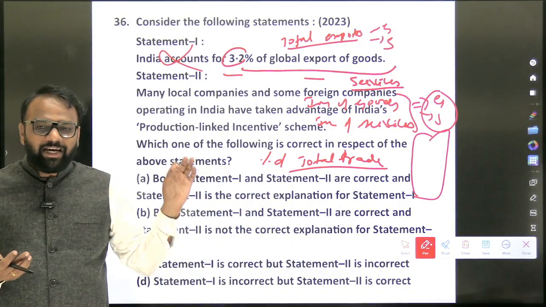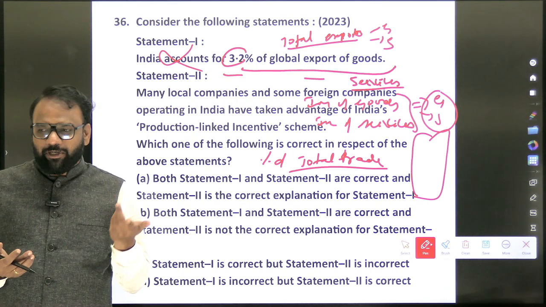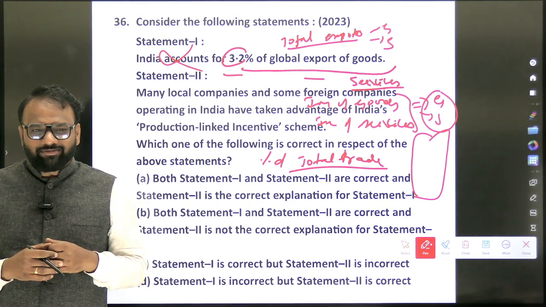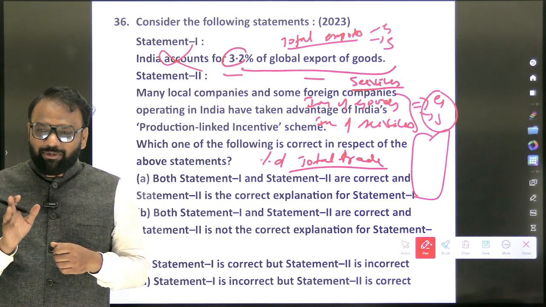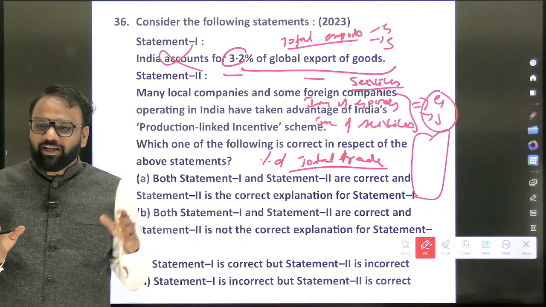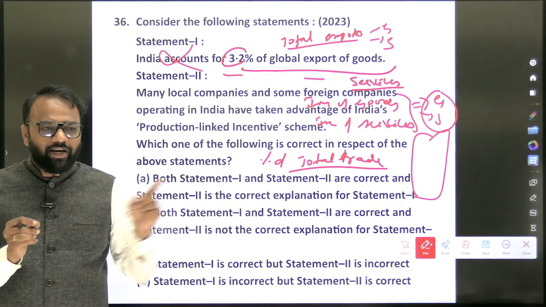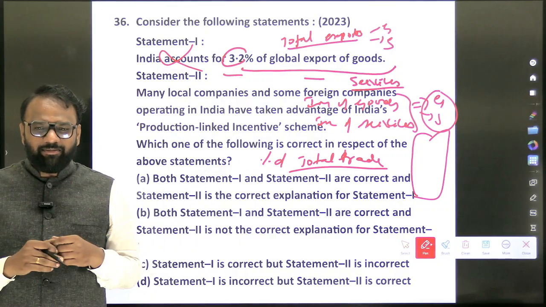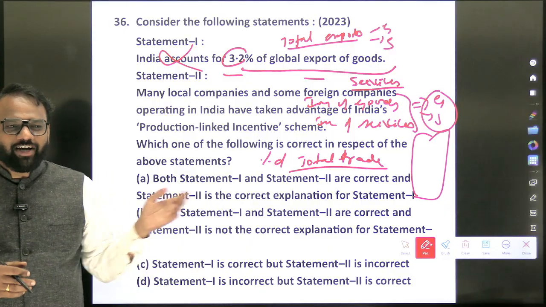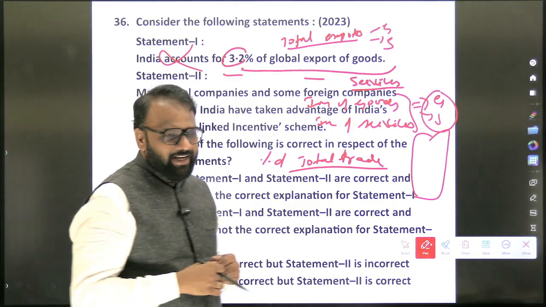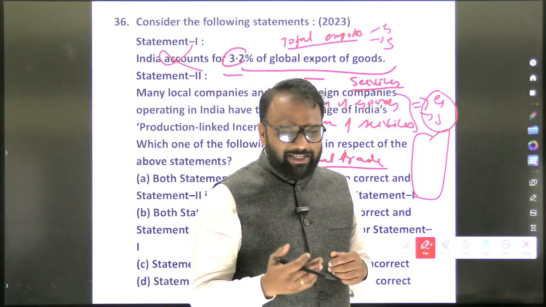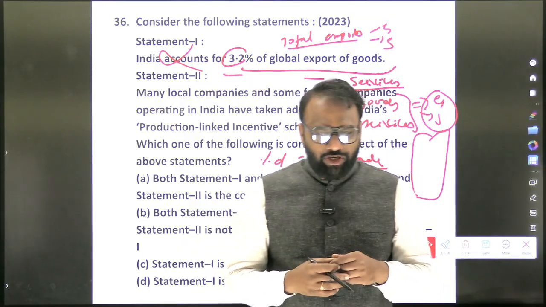So the production linked incentive scheme is the initiative of which ministry? It is not a single ministry, multiple ministries are involved. Here we need to understand who coordinates this scheme, rather than who implements it, because one single ministry is not involved. Just search it. Who coordinates the production linked incentive scheme?